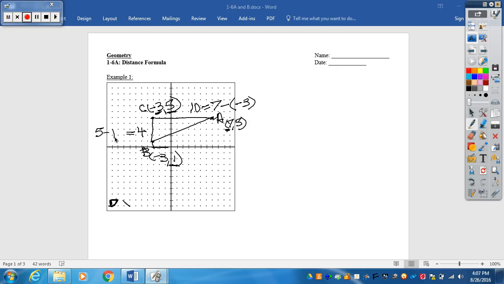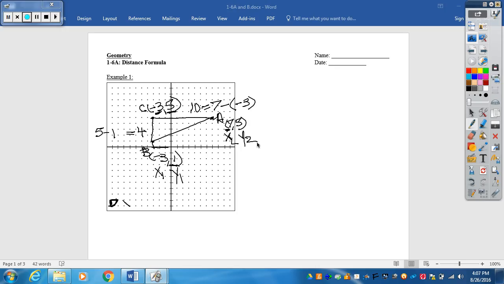All right? So how does this all play out? How does the distance formula come into play? Well, I'm going to go ahead and label these points. I'm going to label this one x sub 1, and y sub 1 as my ordered pair. And this one's going to be x sub 2, and y sub 2. Okay?